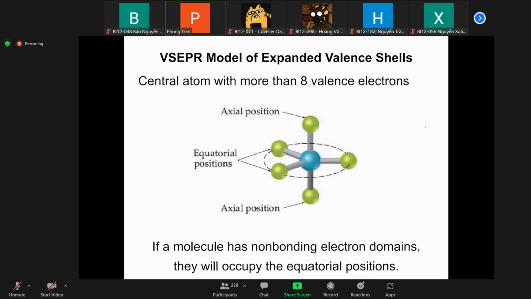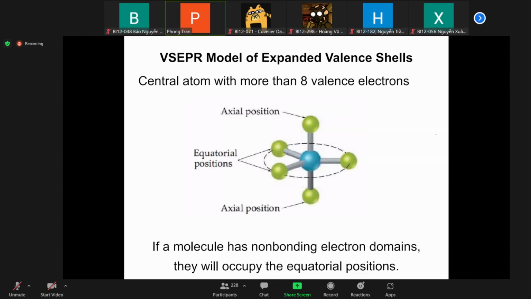But if you have more than 8 electrons, you can have more than 4 covalent bonds. So in that case, you go to a geometry more complicated than the tetrahedron. Here you have the case of a molecule with 5 covalent bonds. In the case of 5 covalent bonds, you will see this bipyramidal structure.